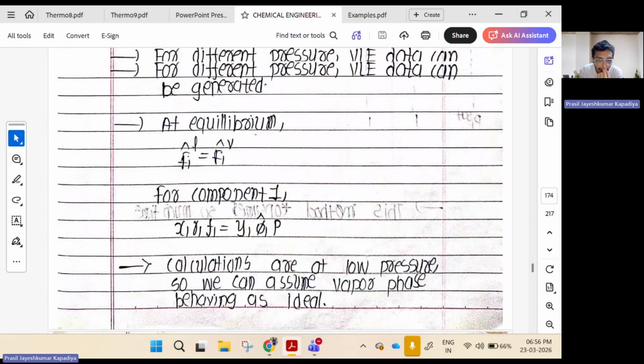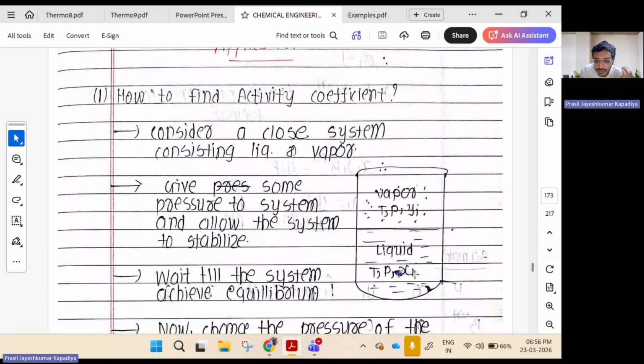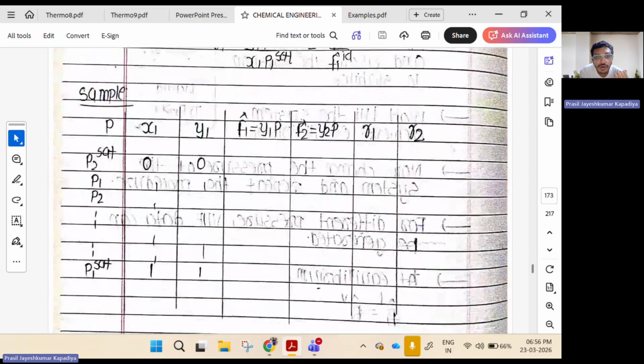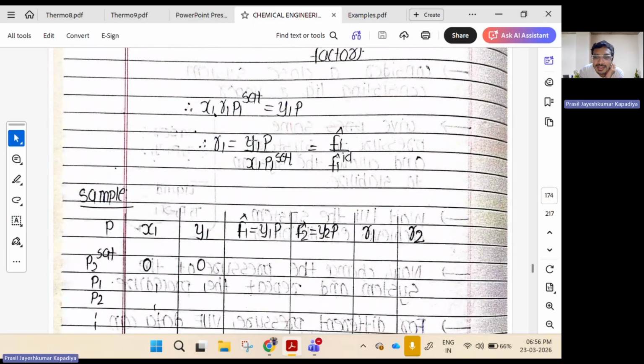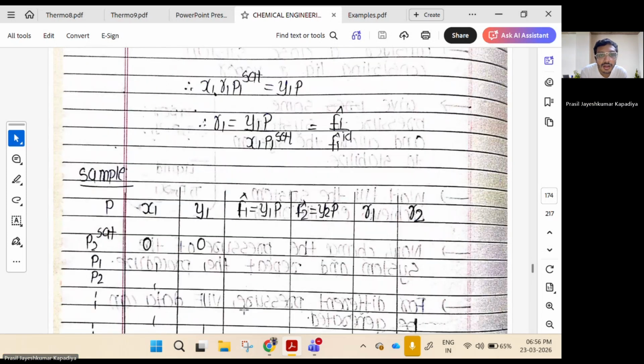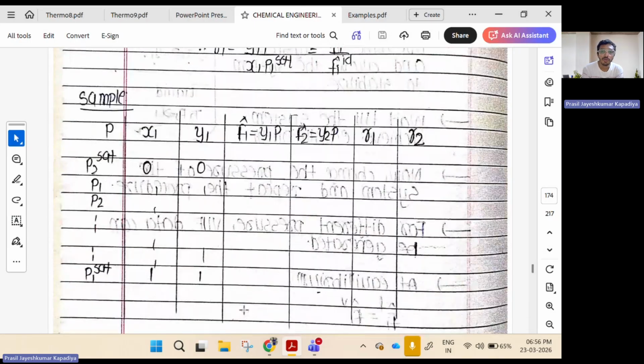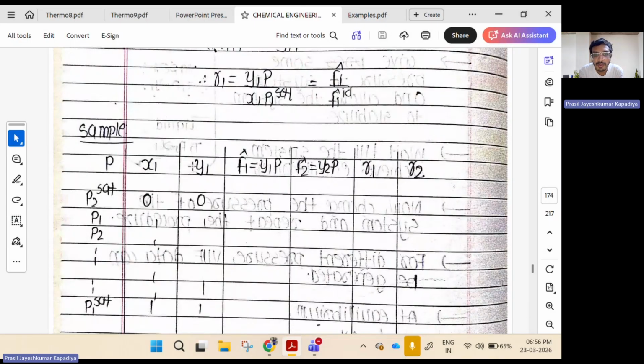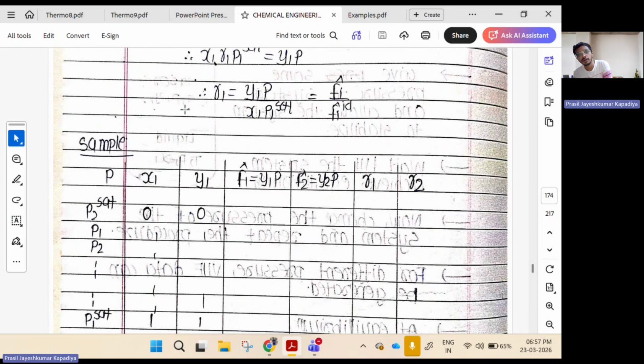So at some pressure, I find out the values of x1 and y1 and note them down. Then I take the ratio. So these terms I will be noting down, and from there I will be finding the values of gamma 1 and gamma 2.